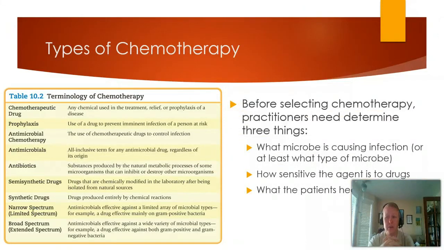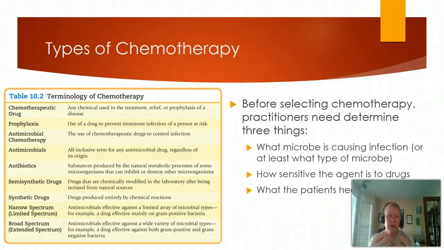All right, so types of chemotherapy. As we just talked about, chemotherapy is a chemical used to treat, relieve, or prevent a disease. Okay, it's as simple as that. And so there's a lot of things that we look for in chemotherapy treatments. We have three main criteria when we go to select what kind of drug we're going to use. So what is the microbe that's causing the disease?